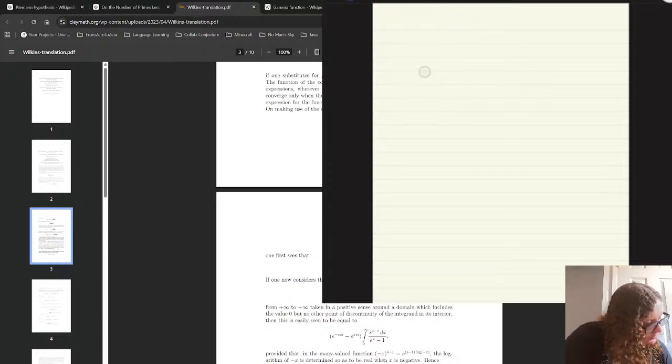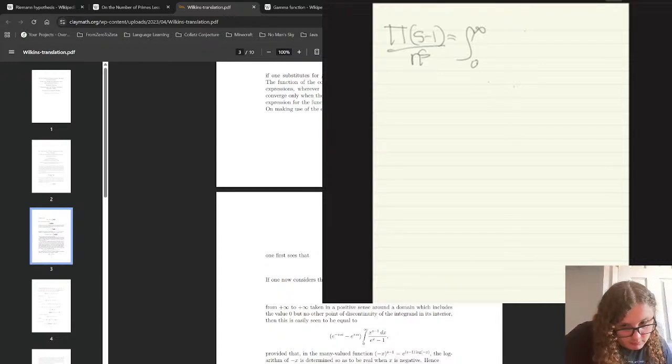So we have capital pi of s minus 1 over n to the s equals the integral from 0 to infinity of e to the negative nx x to the s minus 1 dx.